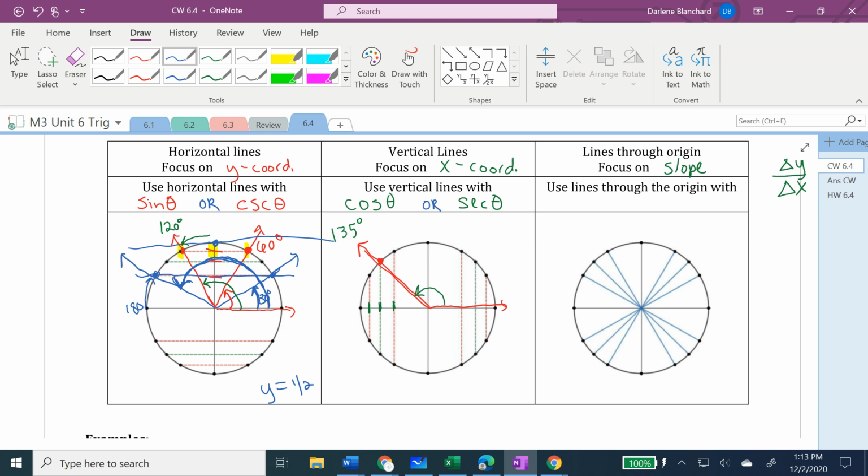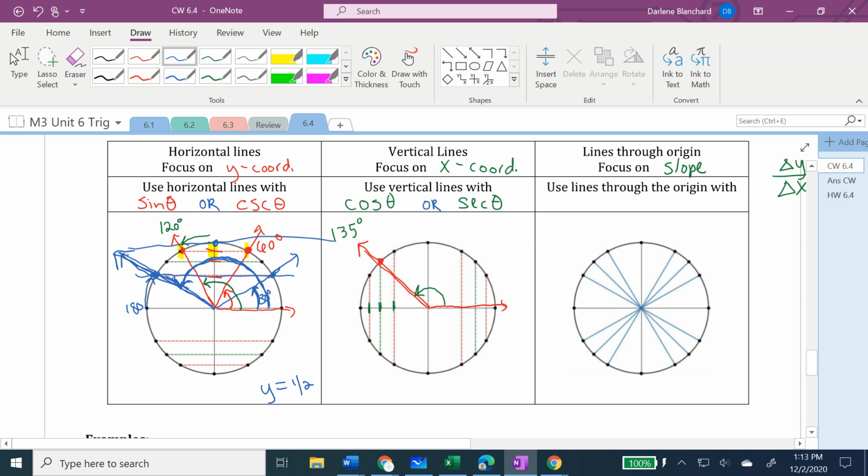And so what angle is this terminal side for? I'm waiting for an answer.